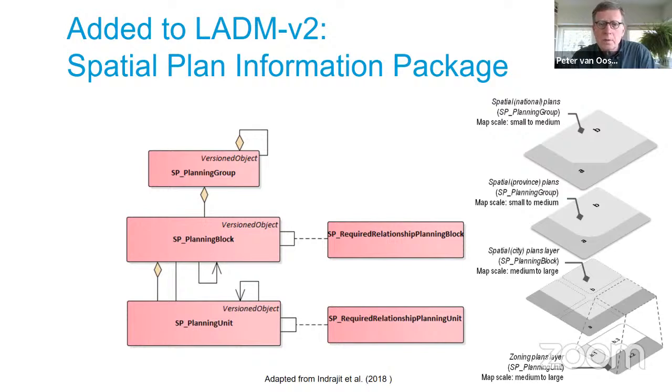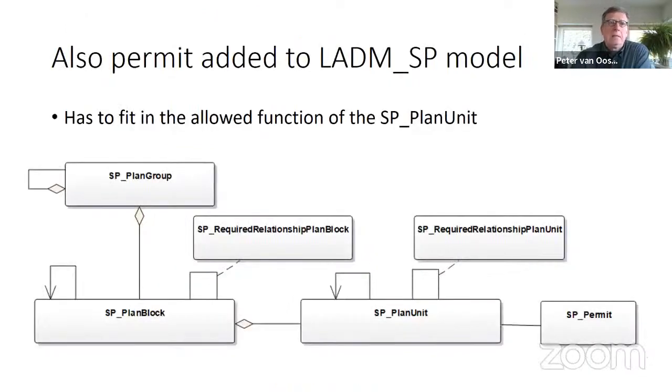When we have these spatial plans as legal information, what is allowed, what is not allowed, what is restricted, the next step is to support spatial development. That is also included a bit in this model by adding one more class, which is the permit.